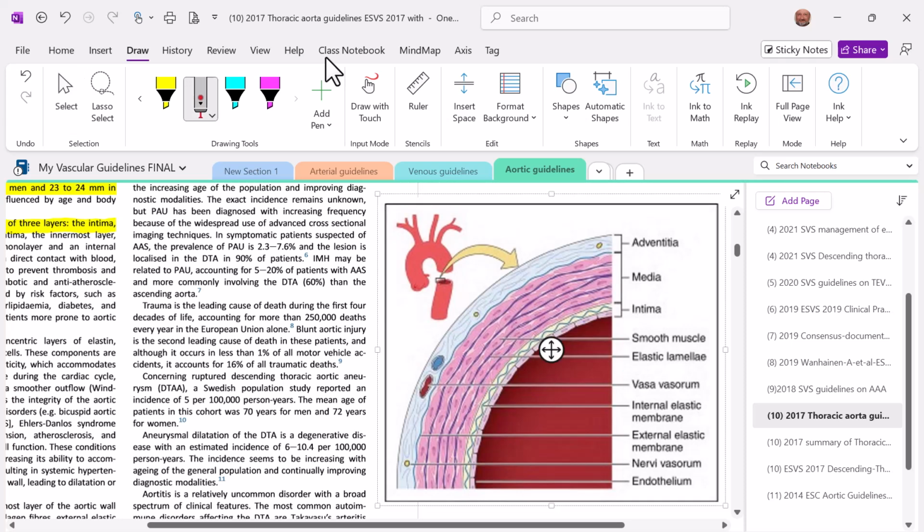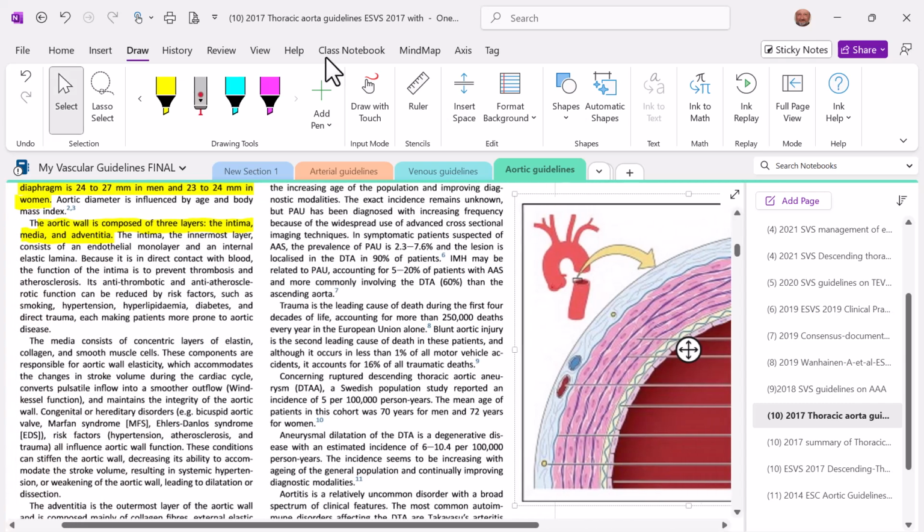You can see this is the blood, this is intima, media, adventitia, the three layers, and the areas are divided into smooth muscle layer, the elastic lamina, the vasa vasorum, the internal elastic membrane. In some of the examinations, the European board will tell you, please draw a cut section of the aorta, and that is why this is a very important image to remember.